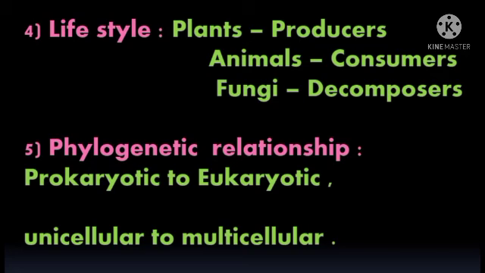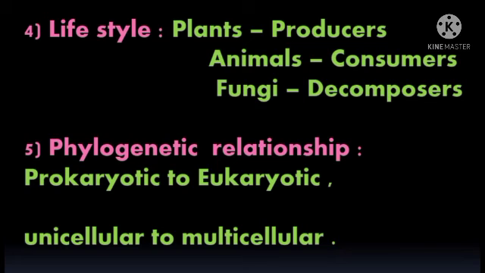Animals are known as consumers because they do not prepare their own food. They consume their food from the producers. By eating the producer, they consume it in them. Hence, they are known as consumers. And fungi are known as decomposers. Why are they known as decomposers?